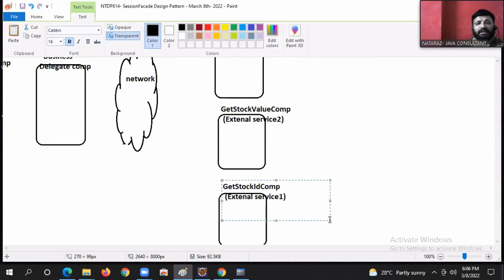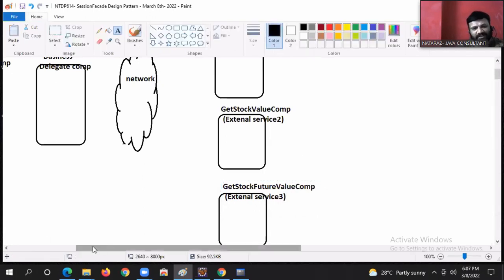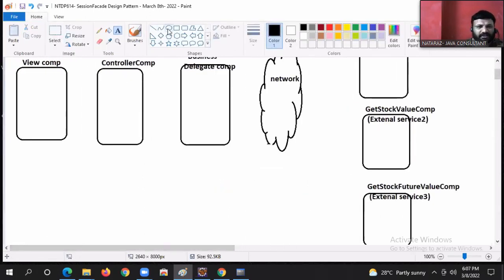Next, get future, get stock future value. Predictions will be there now, guys. External component 3.